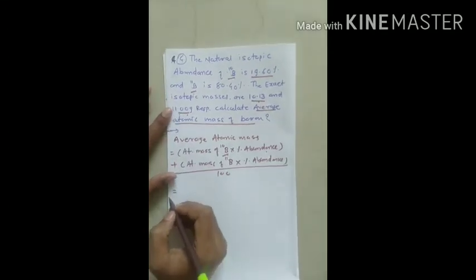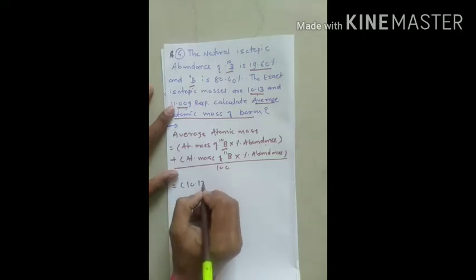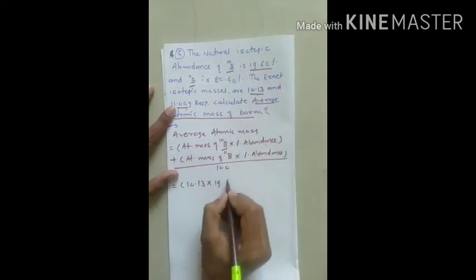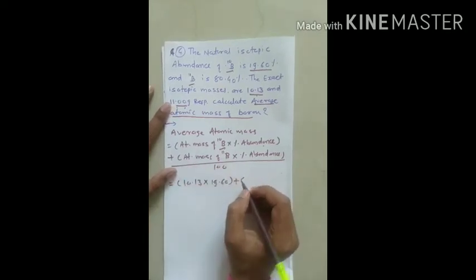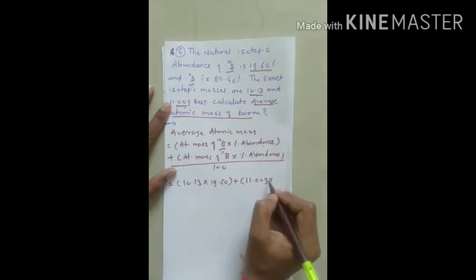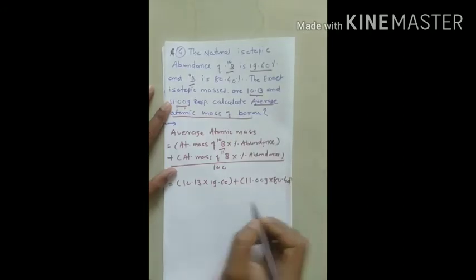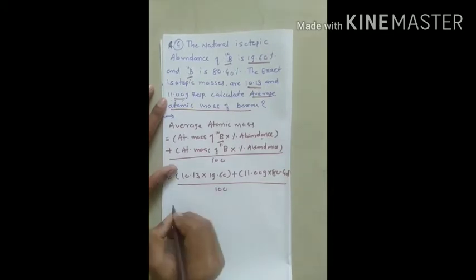So I am just putting in the values. Atomic mass of B10, the boron 10 isotope, is 10.13, and the percentage abundance is already given, 19.60. Plus, for the second isotope, B11, the atomic mass is given as 11.009 and its percentage is given as 80.40, and the whole divided by 100.